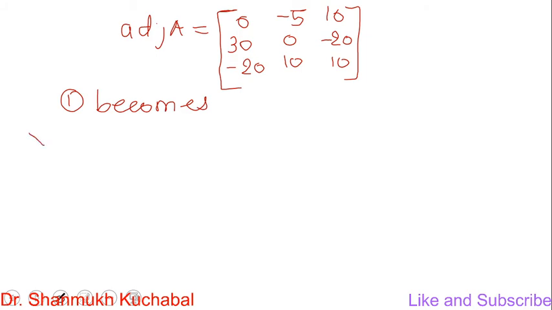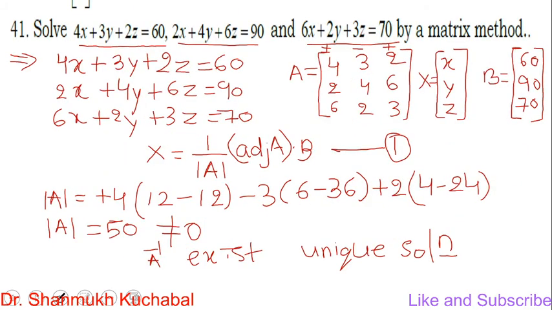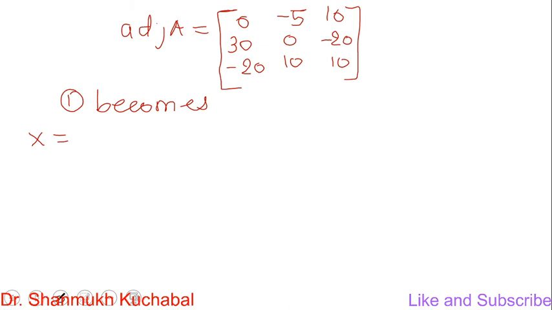So x equals, from equation 1, in this we have to substitute the determinant value, adjoint of A and B here. So 1 divided by the determinant value, which is 50.